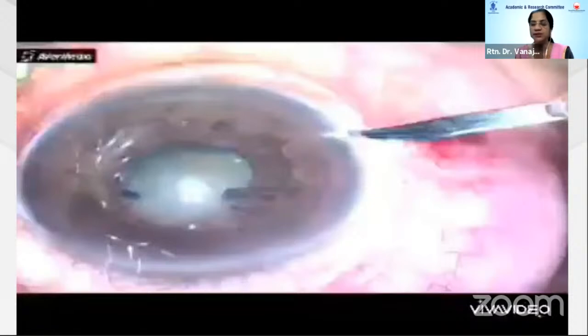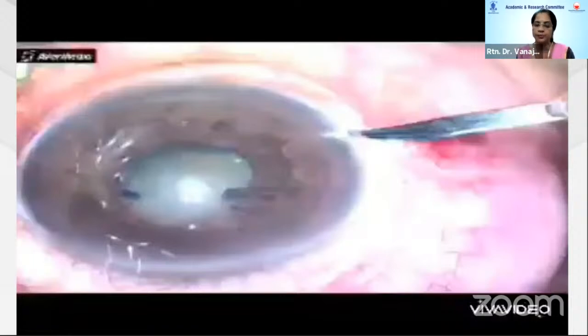Then the iris claw IOL is inserted midway so that you get a round pupil, and the scleral tunnel is a better option than a clear corneal incision for stable astigmatism. And then an inferior PI is important.